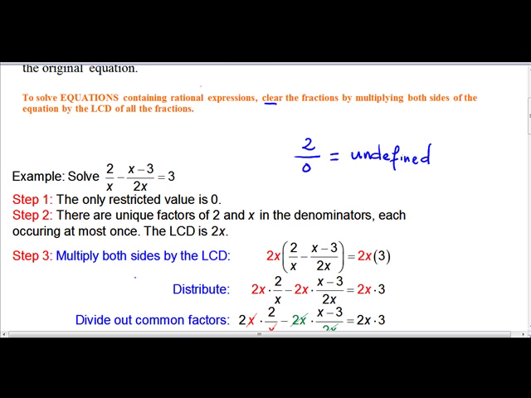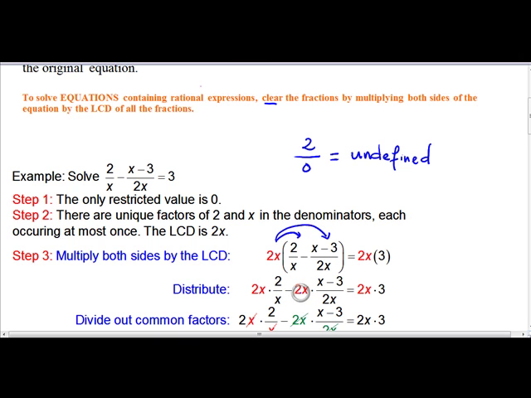Then step 3, we multiply both sides by the LCD. So I take the LCD 2x and multiply it to the whole equation. Then we simplify by distributing the 2x, like that.